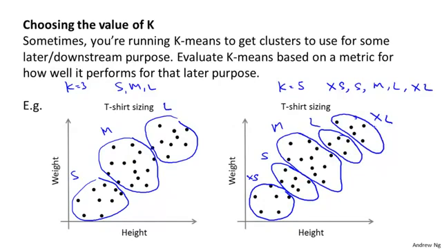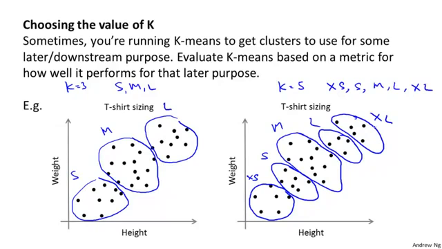And the nice thing about this example is that it maybe gives us another way to choose whether we want 3 or 4 or 5 clusters. In particular, what you can do is think about this from the perspective of the t-shirt business and ask, well, if I have 5 segments, then how well will my t-shirts fit my customers? How many t-shirts can I sell? How happy will my customers be?